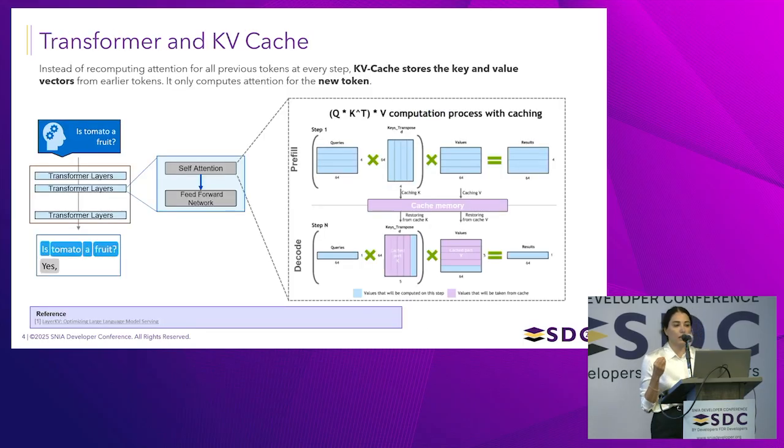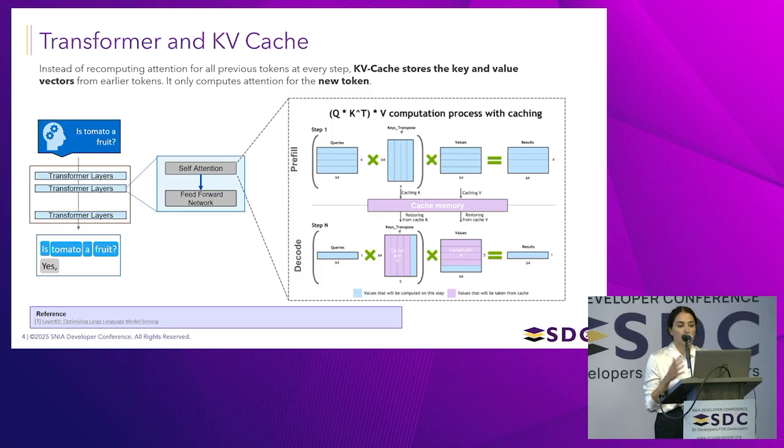If we go a little deeper and look at what's happening inside, we have transformer layers inside the LLMs, right? There's a bunch of transformer layers, and in each transformer layer you have a self-attention module and an FFN module, right? The transformer-based models compute the relationship between all the tokens.